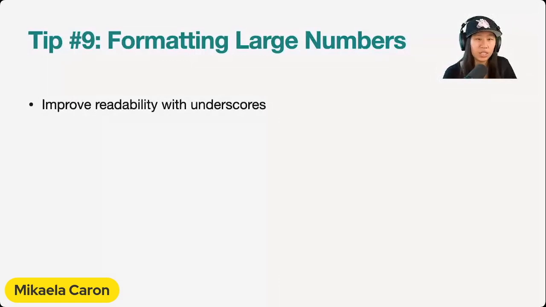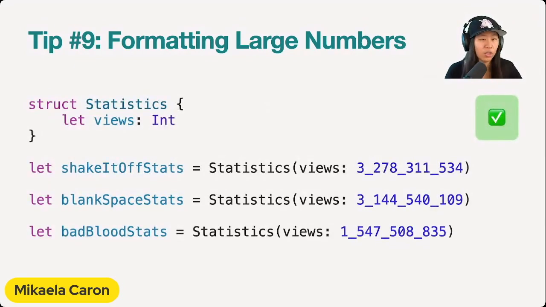Tip number 9 is formatting large numbers. The whole point of this is to improve readability using underscores. This is the only time you would really use underscores with variables. It could look something like this. We have a structure called Statistics, and it has a variable called views.